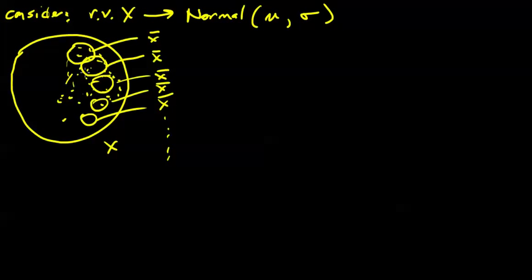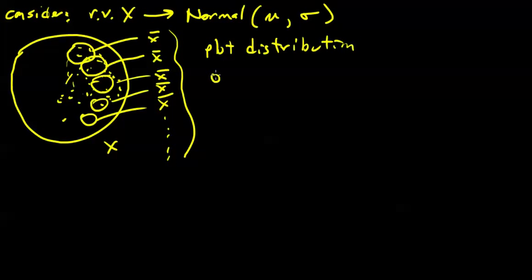Now, if I keep doing this till the end of time, I'll have a list of possibly millions of sample mean values. And instead of plotting the individual x values, I'm going to plot the distribution of all these x bar values, all the sample mean values.